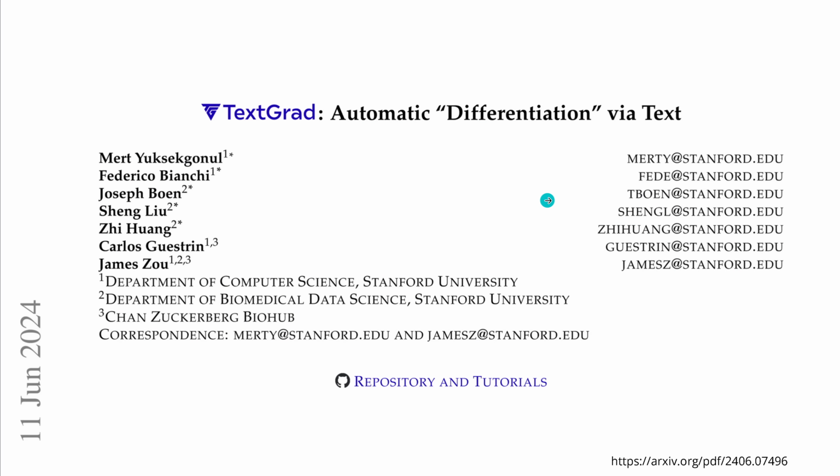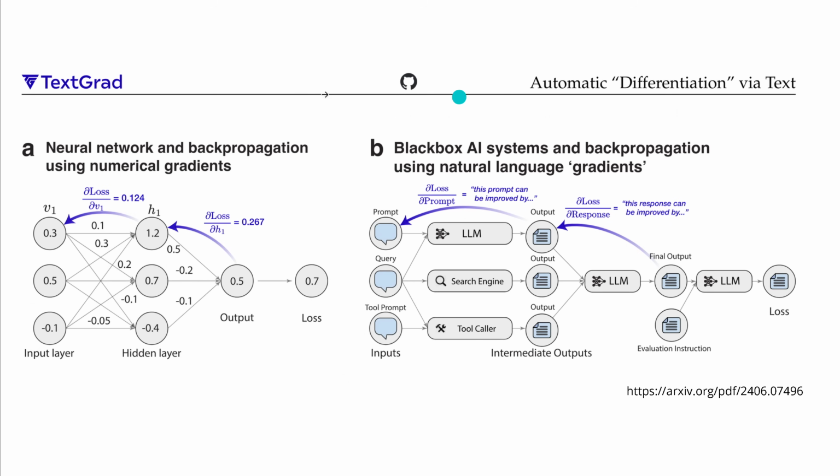You see, June 11, 2024, Stanford University, TextGrad, the automatic differentiation via text. And now we need everything that we just learned today, and we build on it and we will develop a new methodology. So again, let's come back here to AutoGrad, the numerical calculation of backpropagation using numerical gradients in our network.